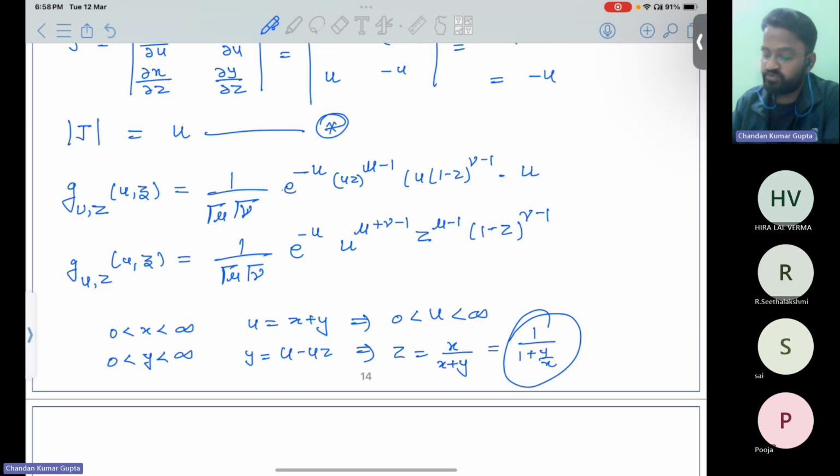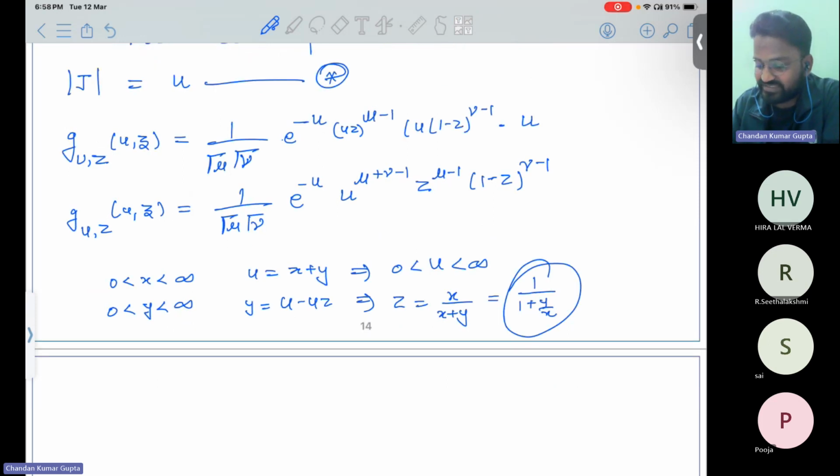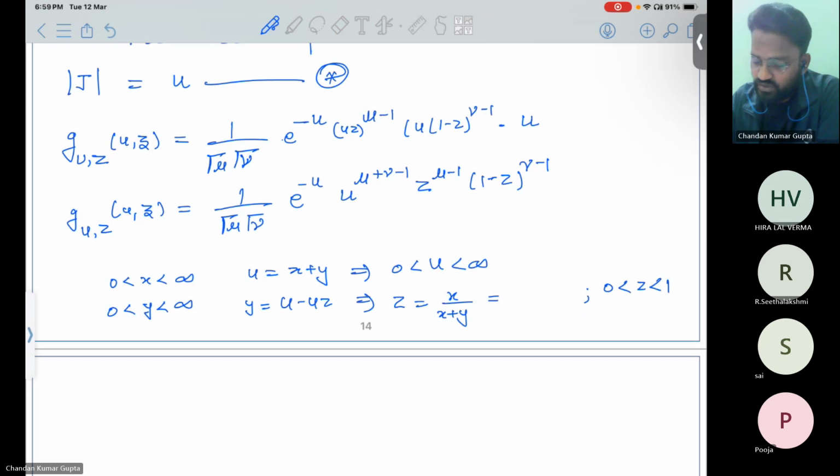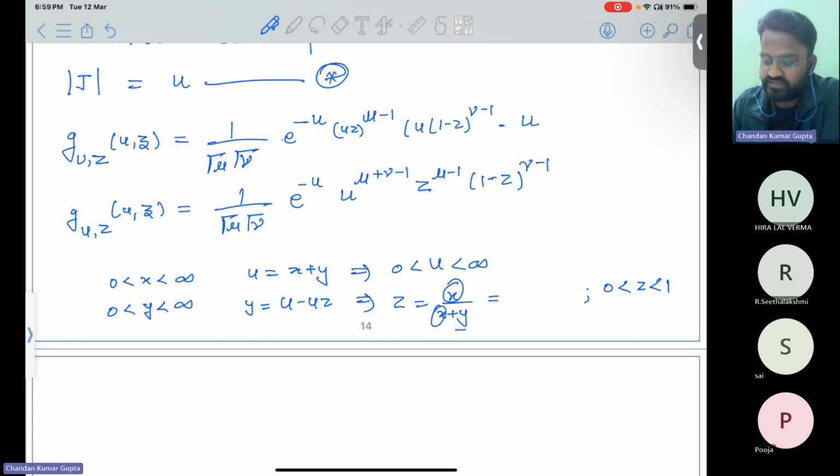From here you may directly see that x and y can take any value, so it comes out that the minimum value is 0 and the maximum is 1. Suppose we have considered any value of x, then this x and this x are equal, and the value of y is there. So it comes out to be 0 to 1.